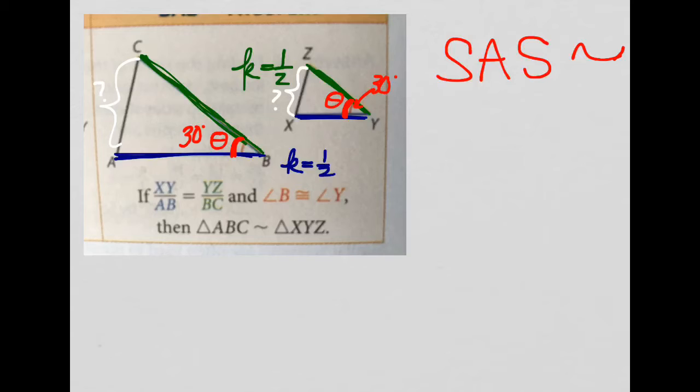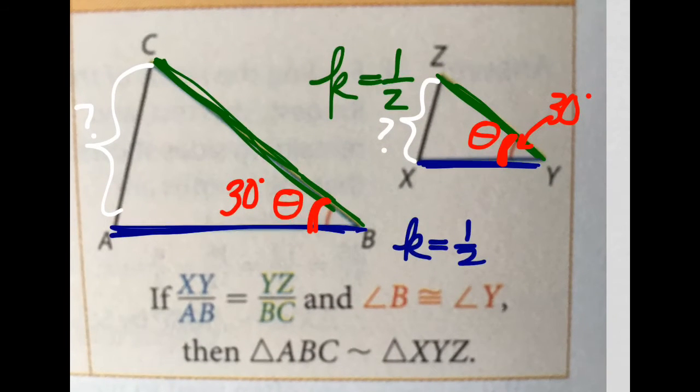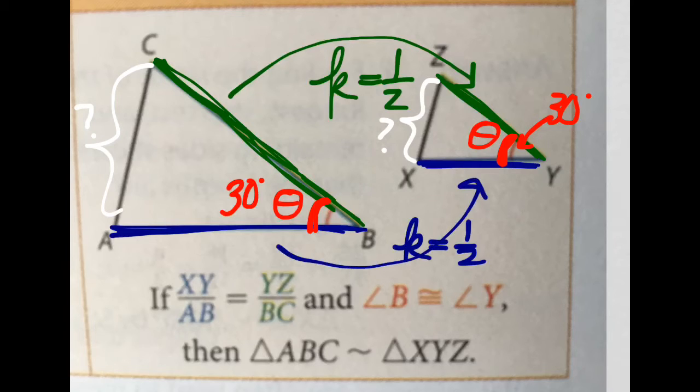A third way to prove triangles to be similar is side angle side, which I think I probably told you. It means I have to have two sides that are in the same ratio, so the same scale factor. Let's say I took CB and multiplied it by a half to get to ZY, and I took AB and multiplied it by a half to get to XY.